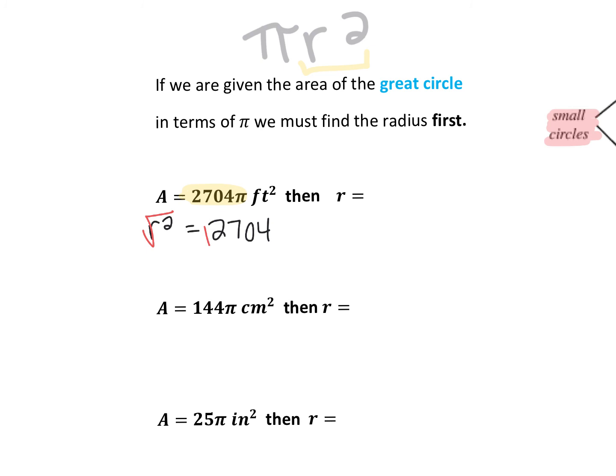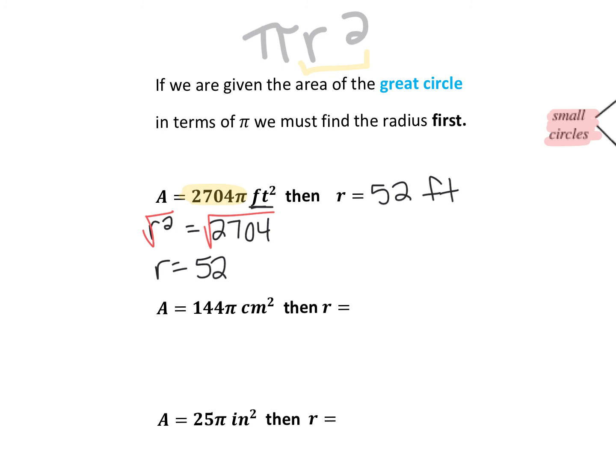I square root both sides. So we'll have r equals the square root of 2,704, which is going to give us 52. Okay. So that tells us that my radius is going to be 52, and in this case it's only going to be feet. Remember, we don't square a radius.